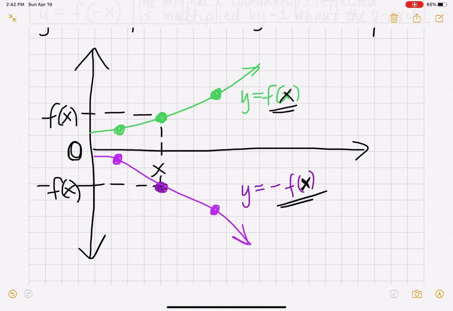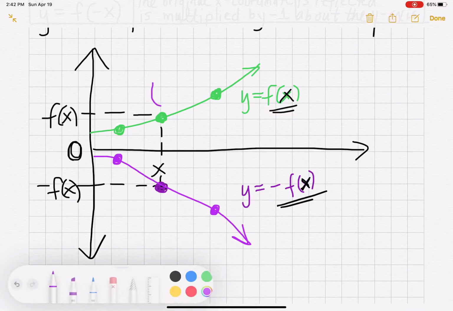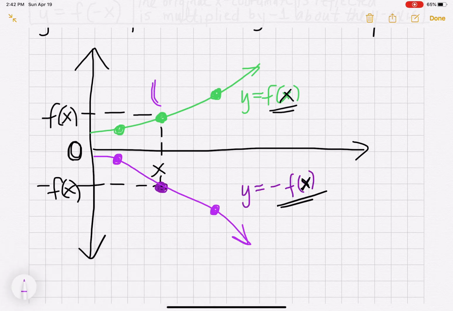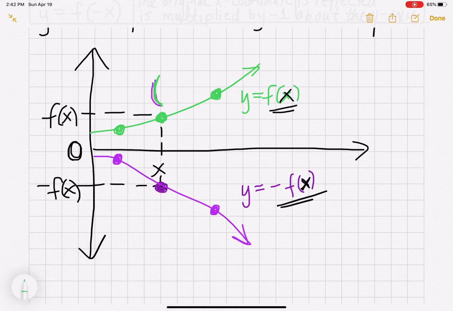So essentially what happened, let's actually look at the point back here. If you look at the green point that we started with, the input was x, the output was f of x.